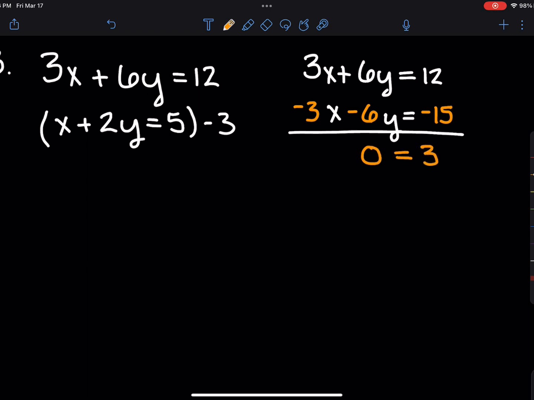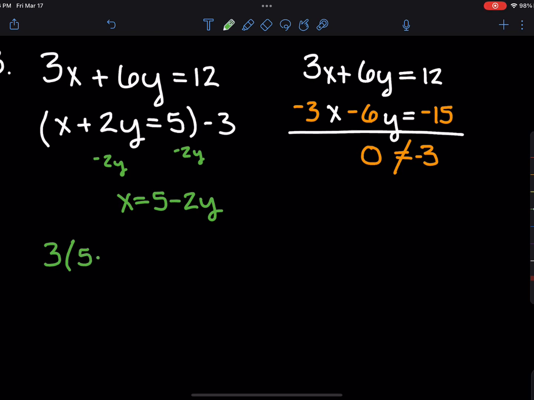So what we can go back and do is try to solve it again, and instead of doing it through elimination, we can try to substitute in that x value, which would be x is equal to 5 minus 2y. So if we plug that into our equation, we would get 3 times (5 minus 2y) plus 6y equals 12 to help us solve for y.